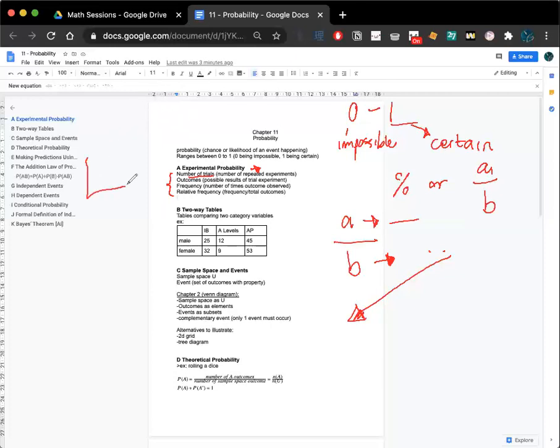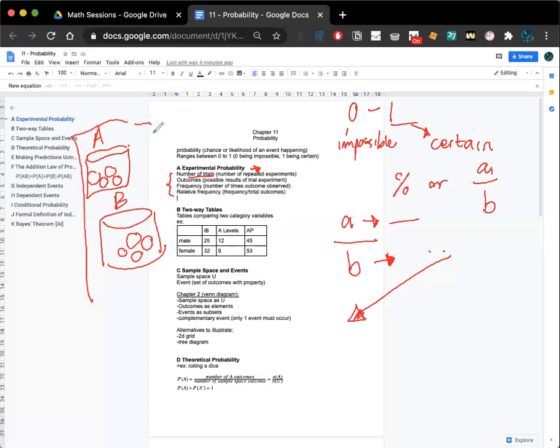For example, if you have an experiment where you have someone who's blindfolded and you ask the person to take a marble from bag A, and then take another marble from bag B, that would be one trial.